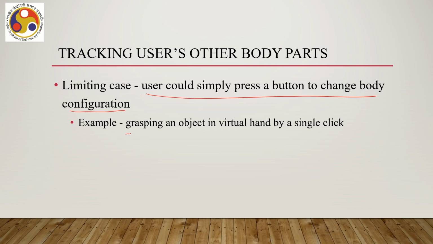For example, grasping an object with a virtual hand can be done either by tracking the physical hand or by simply a single click of some input device. Once the click event happens, the virtual hand is shown to grasp the object. Here no further tracking is required.